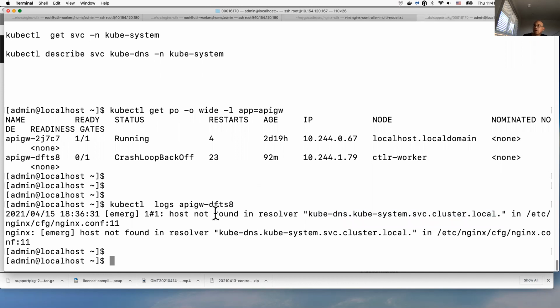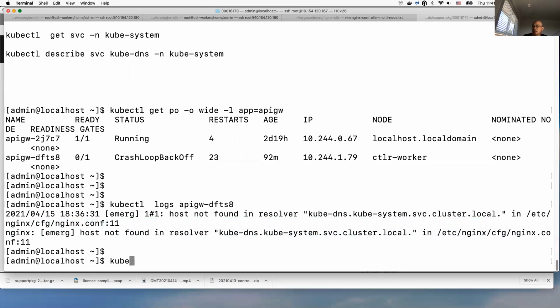Okay, we can look at the nginx.conf file in the pod. Since it's in CrashLoopBackOff, we cannot get a shell to this failing pod, but we can look at the working API gateway pod and see what the nginx.conf looks like.